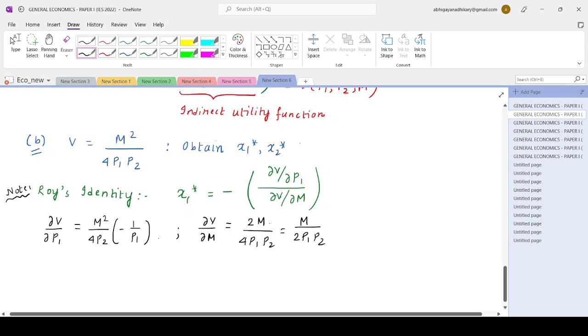Okay, so what is x1 star? It is minus of the first term, which goes in the numerator, so m square divided by 4 times p1 p2, divided by m over 2 times p1 p2, and a minus we had over here. So one m will cancel out, p1 p2 cancels out, 2 times 2 will get cancelled out.